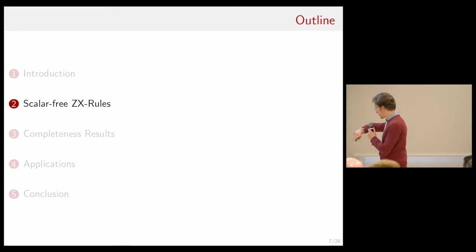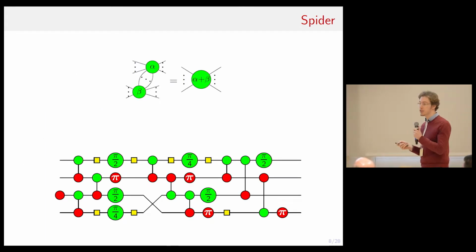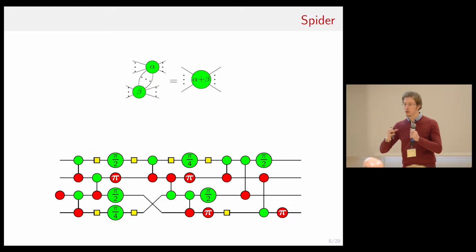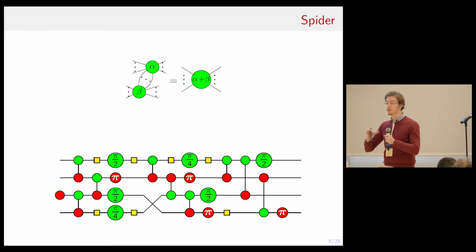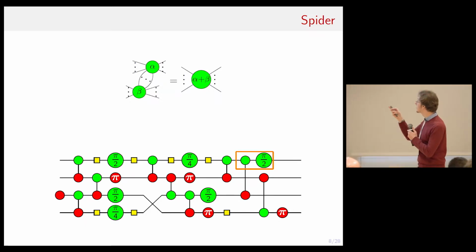Okay, I want to briefly give you an idea of the rules of the ZX calculus. The most important one is called the spider rule. It states that whenever two nodes of the same color are connected, then you can fuse them. You can merge them, and the obtained parameter is the sum of the two parameters. So for instance, I can apply it here.